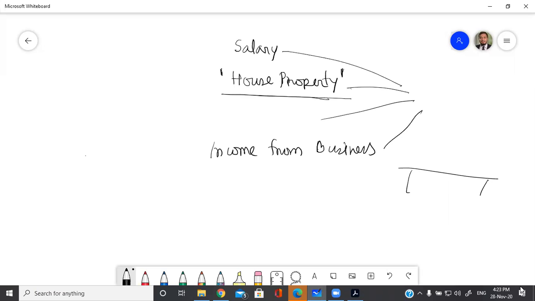So the thing is that if income from business is somehow negative, the tax authority has given you the facility that you can charge this loss against the positive income you are generating from other heads. In that case, can you immediately recognize that your taxable income will go down?